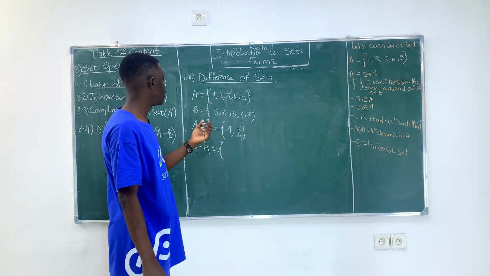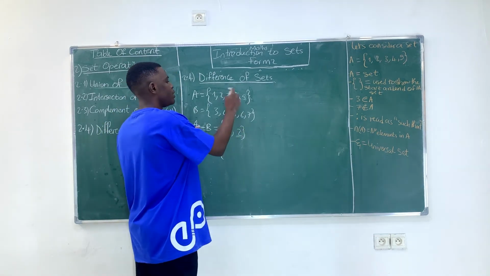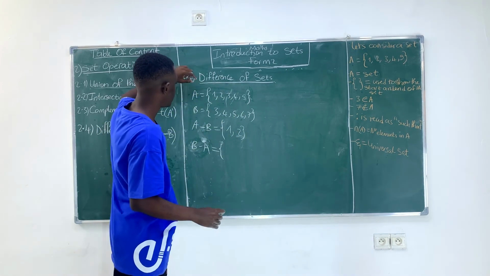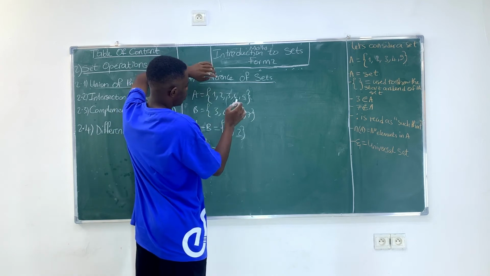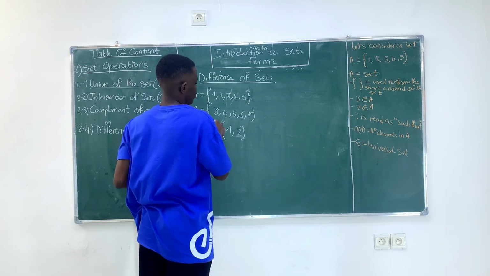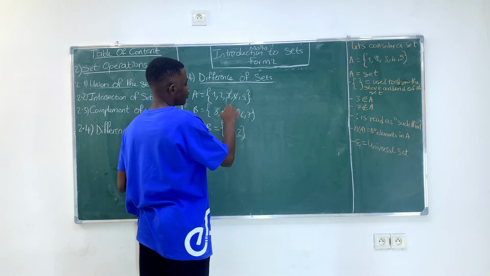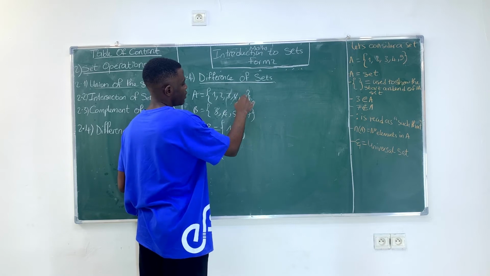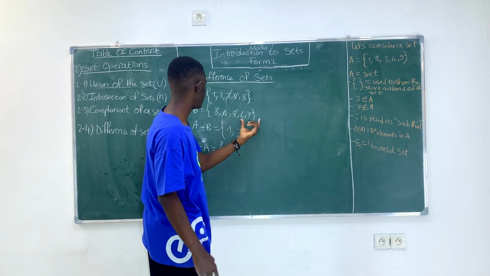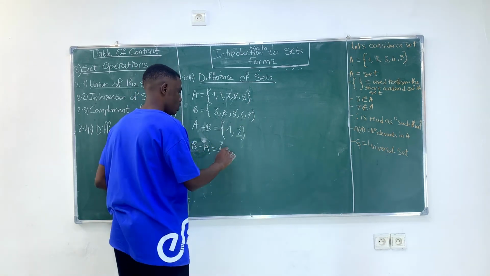B minus A means every value in B that is not in A. So inside this B, you remove everything that is in A. So you look at A, 1, is it here? No. 2, is it here? No. 3, you see it here, so you remove it from here. 4, you see it here, you remove it from here. 5, you see it here, you remove it from here. What will you be getting in B? In B, you will be left with 6 and 7.